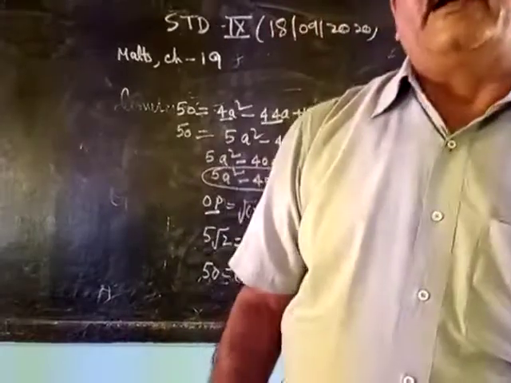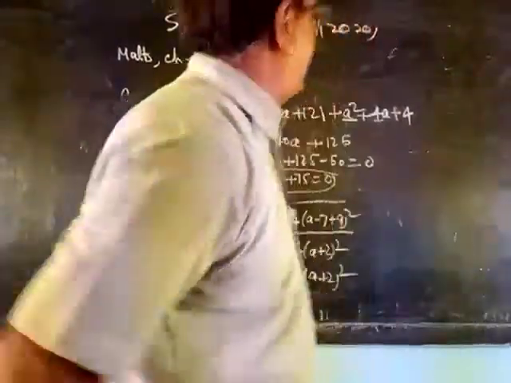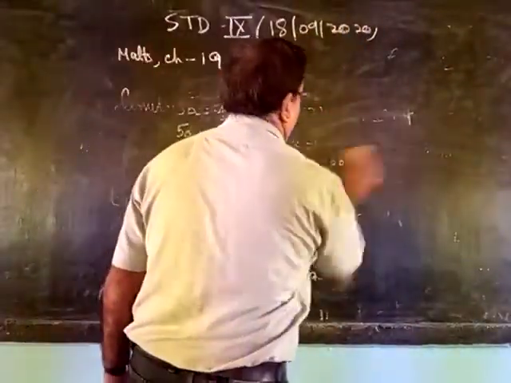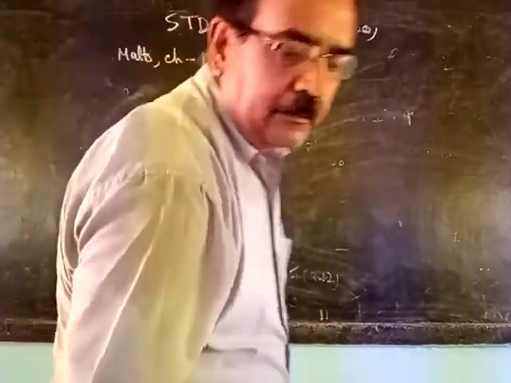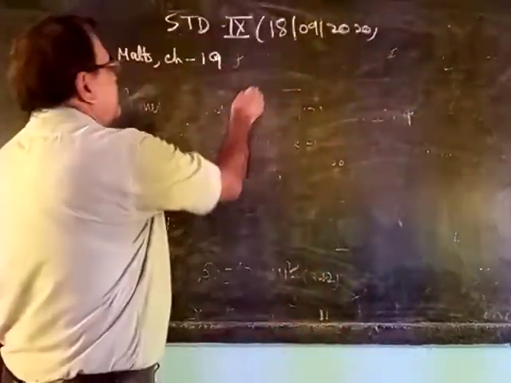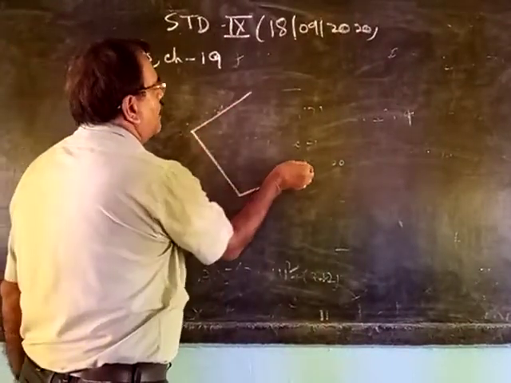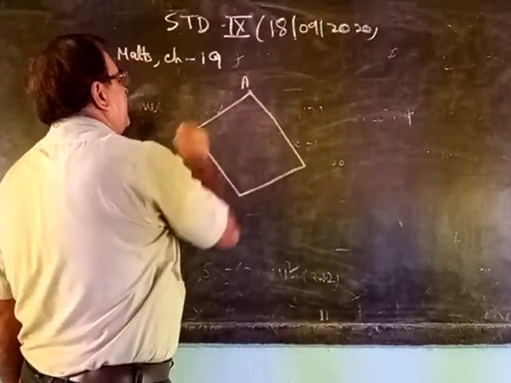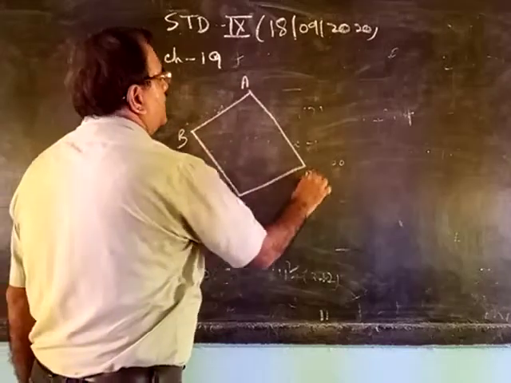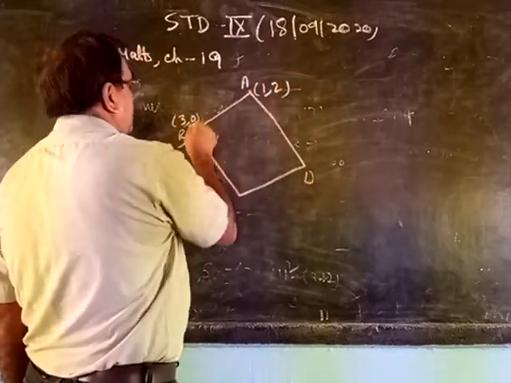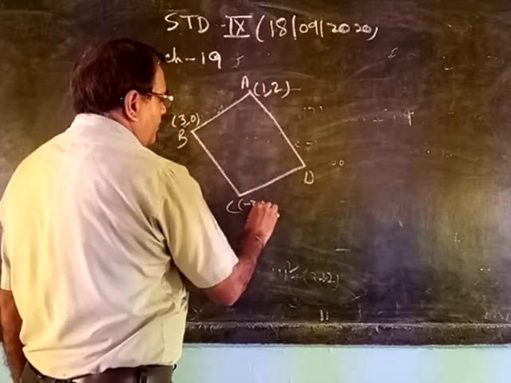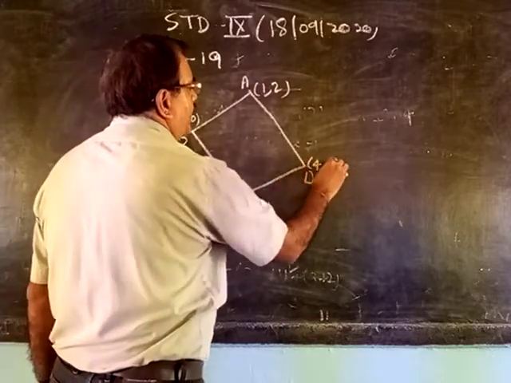Then you have to find, given the four sides of a rhombus, suppose a rhombus ABCD is given with the coordinates (1, 2), (3, 0), (minus 3, 1), (4, 5).